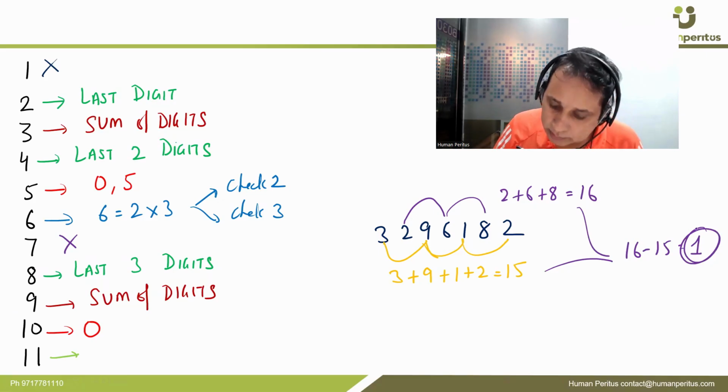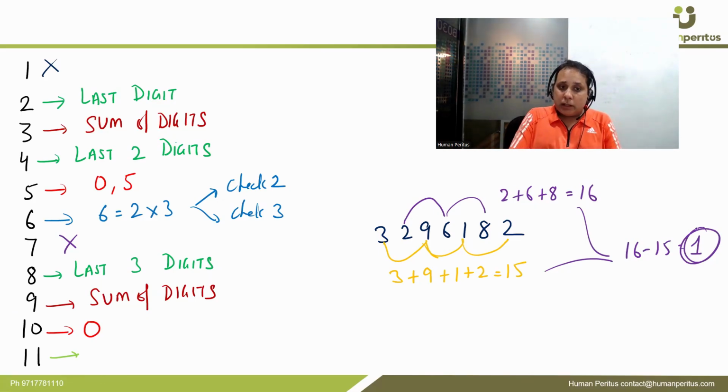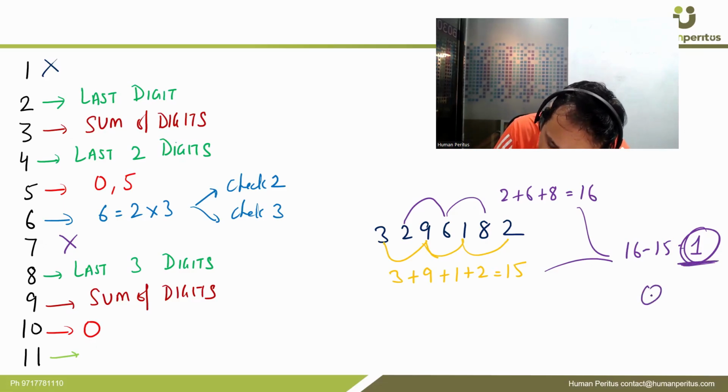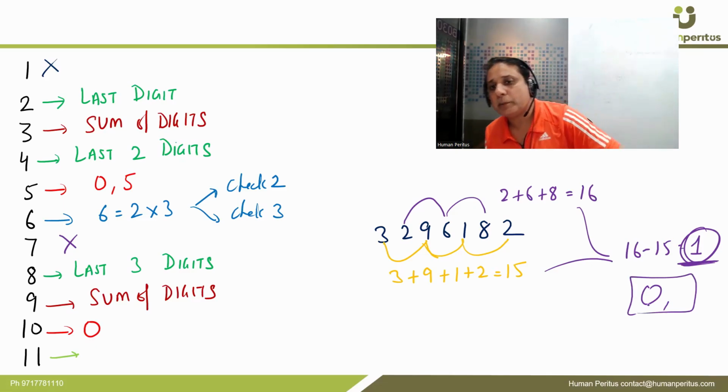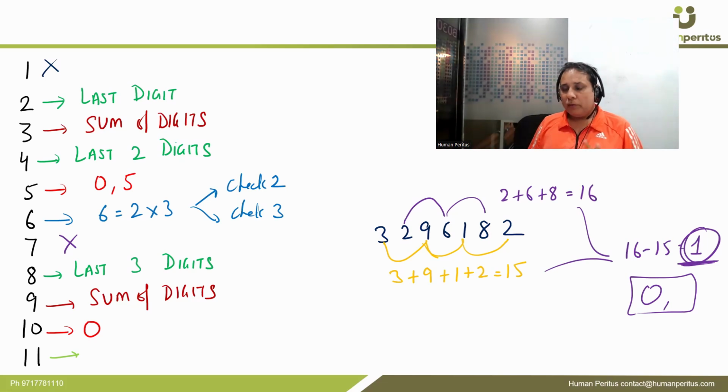Okay. So guys, a number is divisible by 11 only when this difference is either 0 or some multiple of 11. Either 0 or some multiple of 11. This is how we find. We'll have some questions also, so I will not do it again.